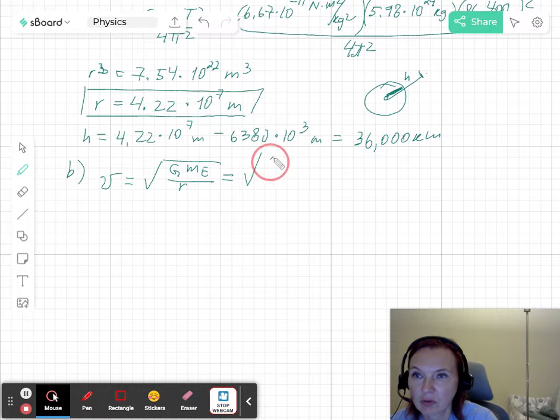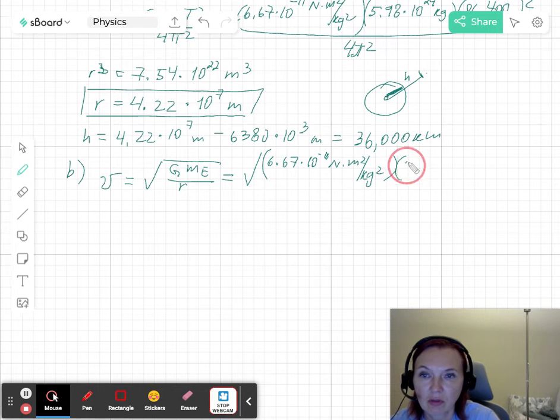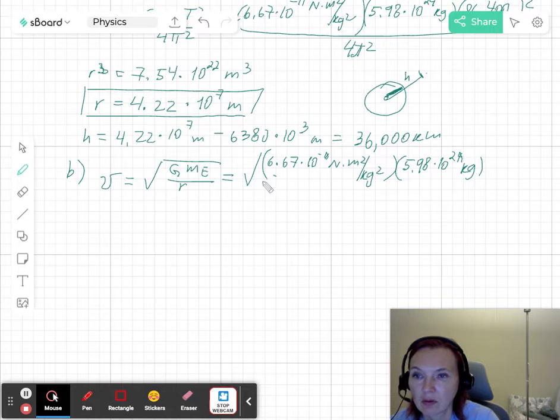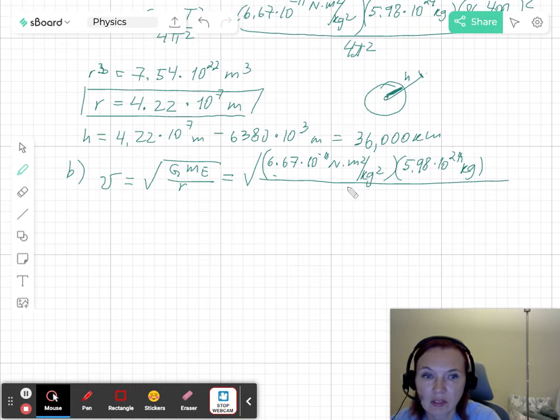So that's a square root of 6.67 times 10 to the negative 11 Newton meters squared over kilogram squared times mass of the Earth, which was 5.98 times 10 to the power 24 kilogram, all over radius, which is 4.22 times 10 to the power 7 meters.